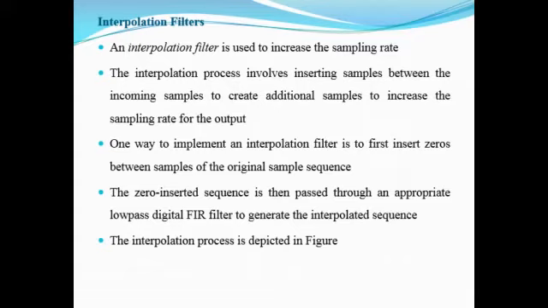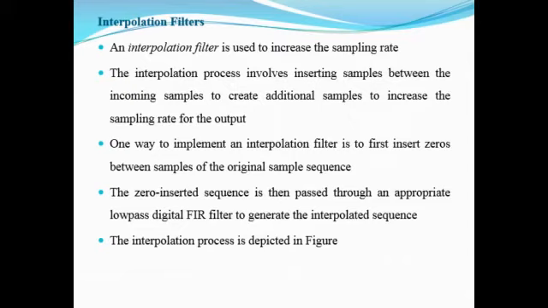So in the interpolation filter the number of samples increases, which increases the sampling rate, whereas in the decimation filter the number of samples decreases by dropping samples, which decreases the sampling rate.